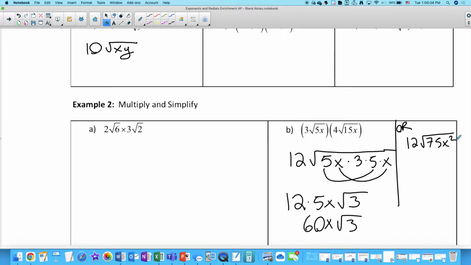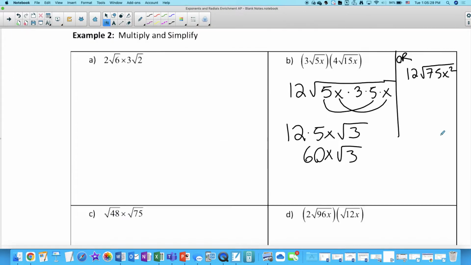That's fine too. For something like this guy, I find it's either or, they're kind of the same. But sometimes when you get a really long string of prime factors or factors of variables, this strategy can be helpful too.